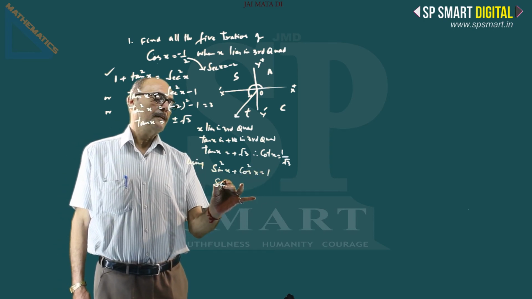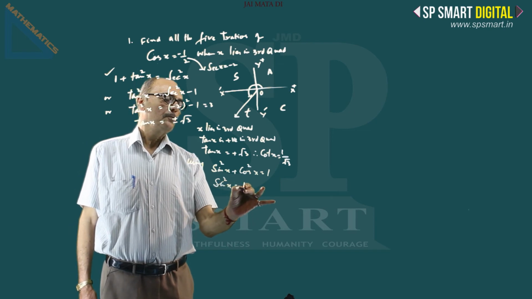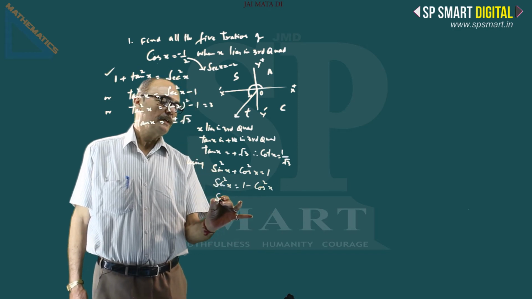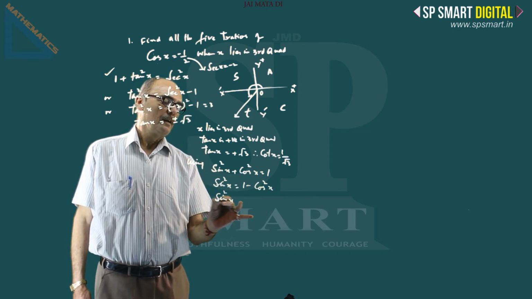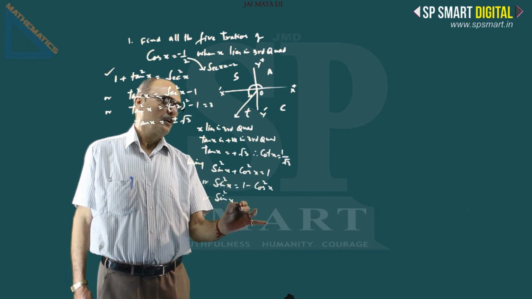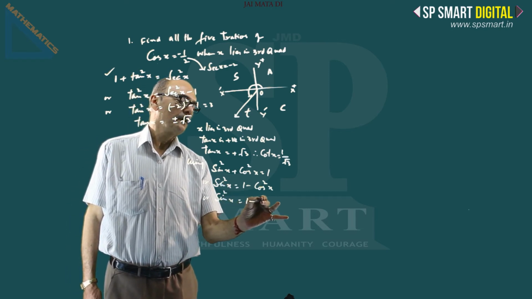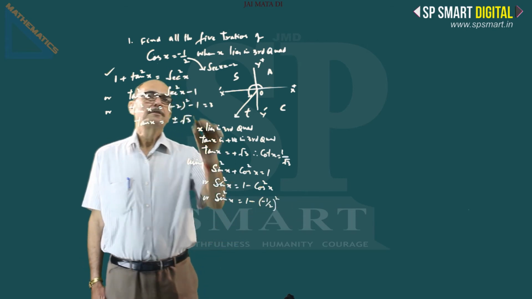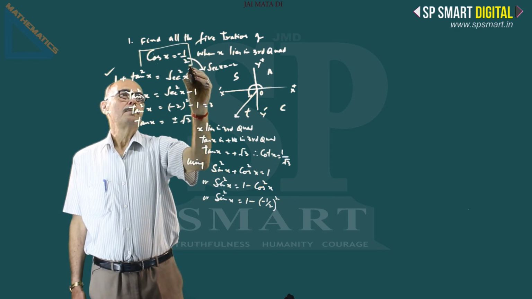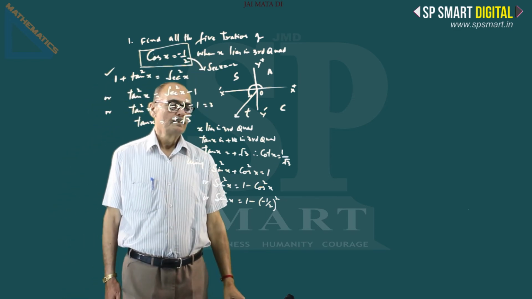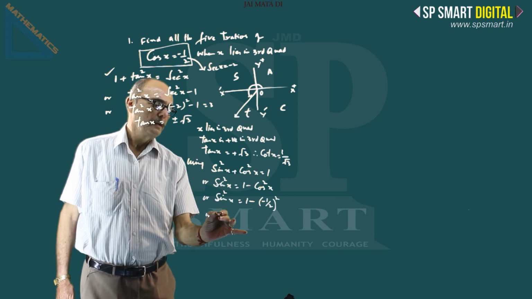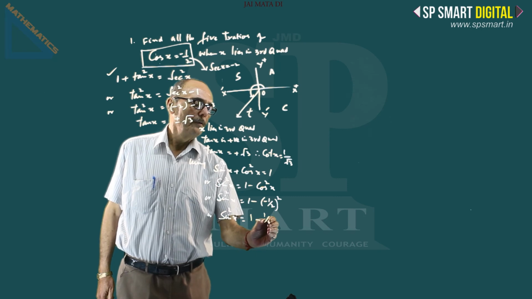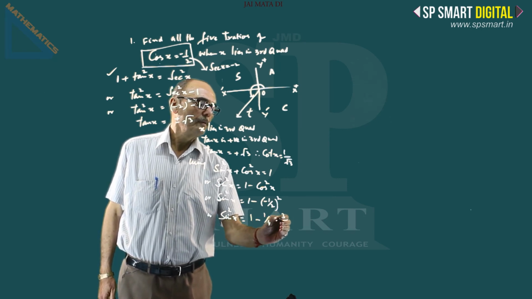So, sin square x equal to 1 minus cos square x, or sin square x is 1 minus 1 by 2 square, because it is given cos x equal to minus 1 by 2, or sin square x is 1 minus 1 by 4, that comes out to be 3 by 4.